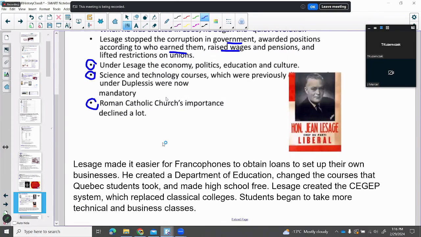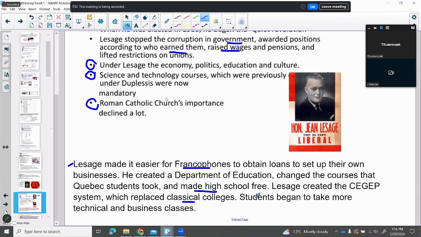Some of the things that he specifically did was he made it easier for Francophones to obtain loans so that they can set up their own businesses. He also created a Department of Education. He changed the courses that Quebec students took, and he also made high school free. Lesage also created the Cégep system, and that replaced classical colleges, and students began to take more technical and business classes.